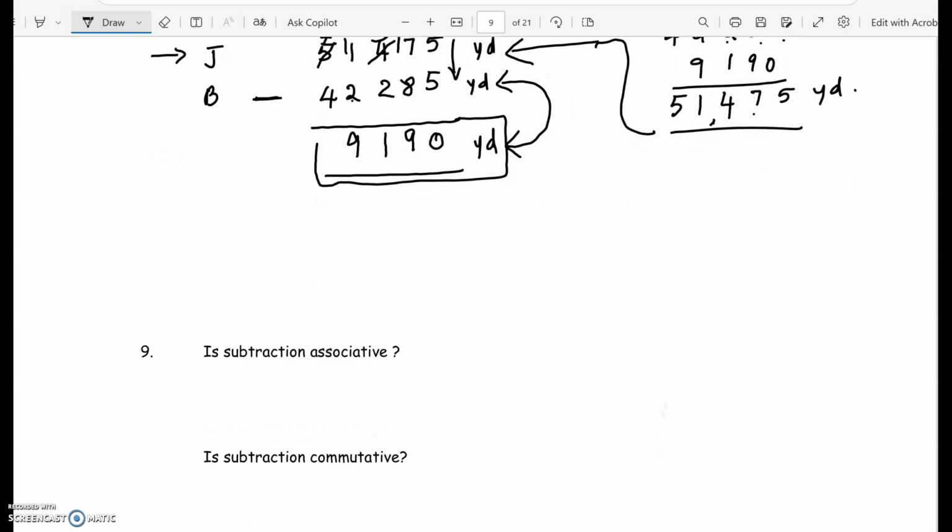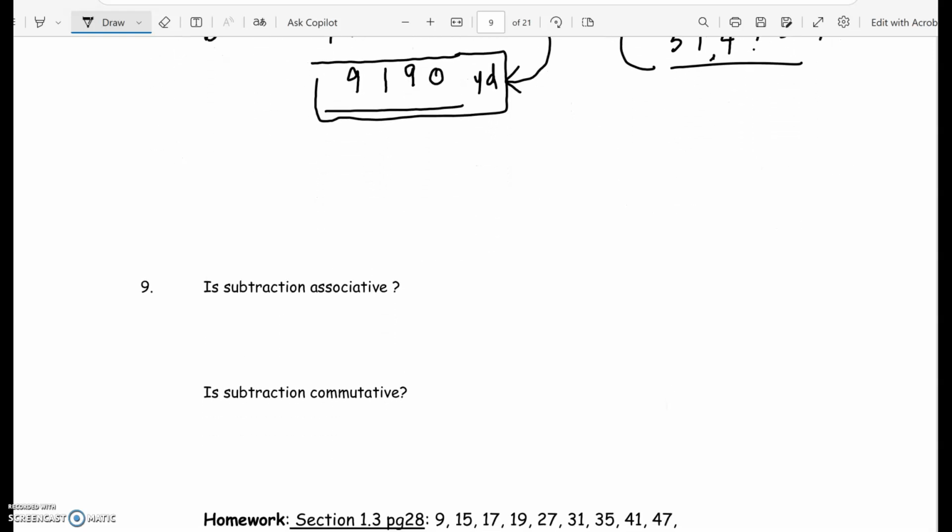Is subtraction commutative? Is subtraction associative? 8 minus 5 is 3. Now let's switch the numbers. Commuting means switching in math. The commutative property is when you switch the numbers. Let's just switch. 5 minus 8. Notice that the number changes to negative 3.